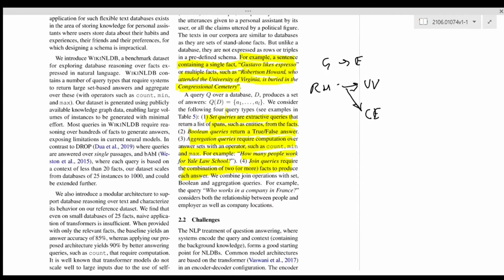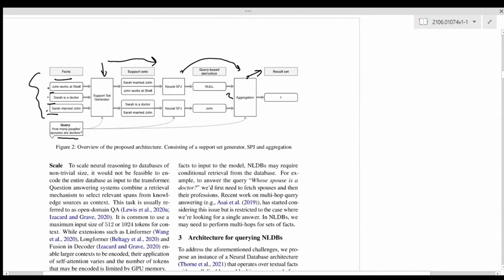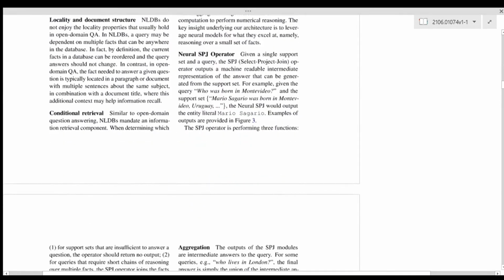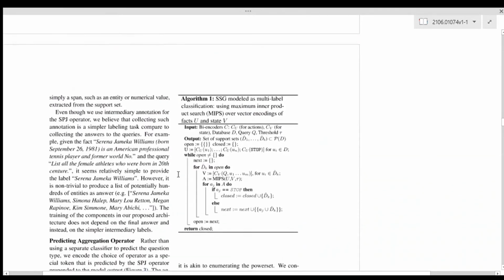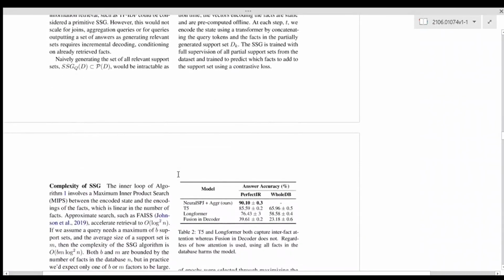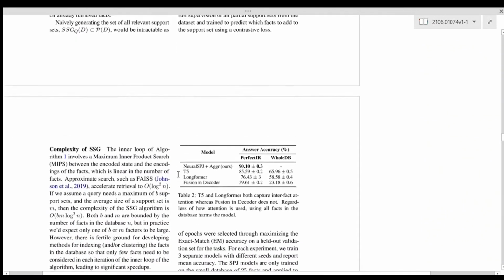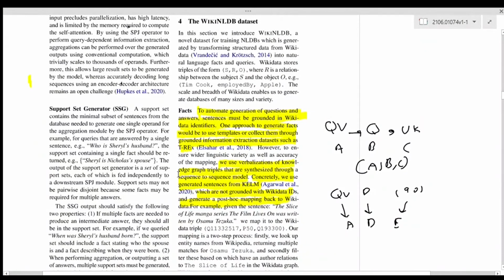Now, let's go over the support set generator. A support set contains the minimal subset of sentences from the database needed to generate one single operand for the aggregation module by the SPJ operator.